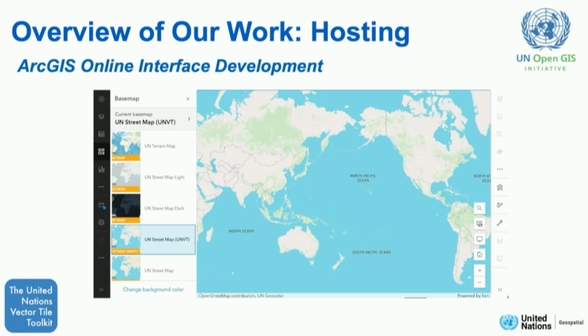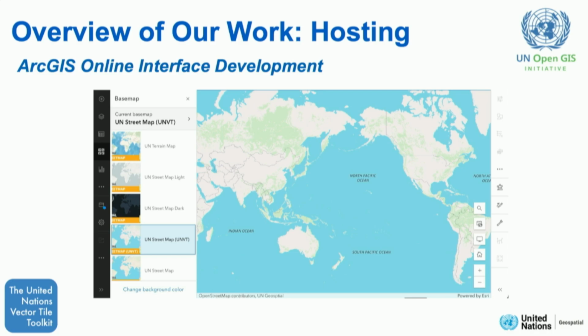Next, the ArcGIS Online interface was developed. In the UN, we use ArcGIS Online as a web map platform. To allow UN users to easily access our maps, this interface was developed to connect ArcGIS Online with UNVT hosted vector tiles.